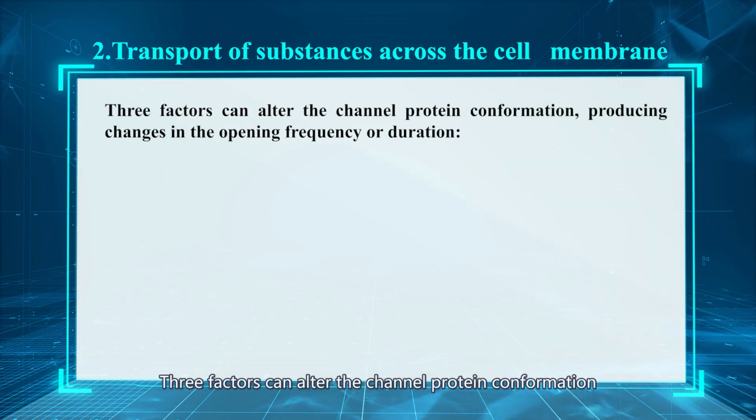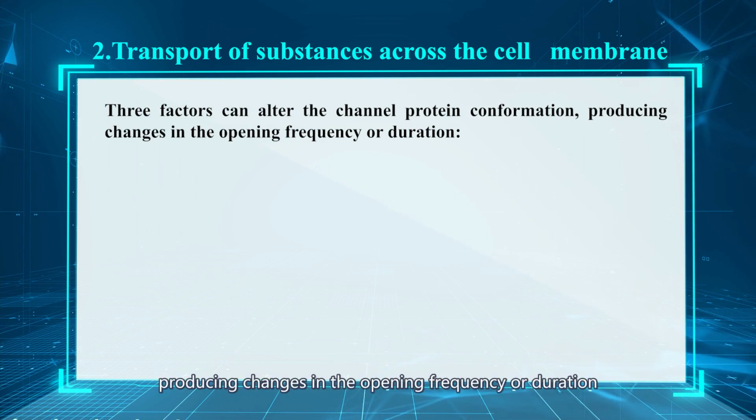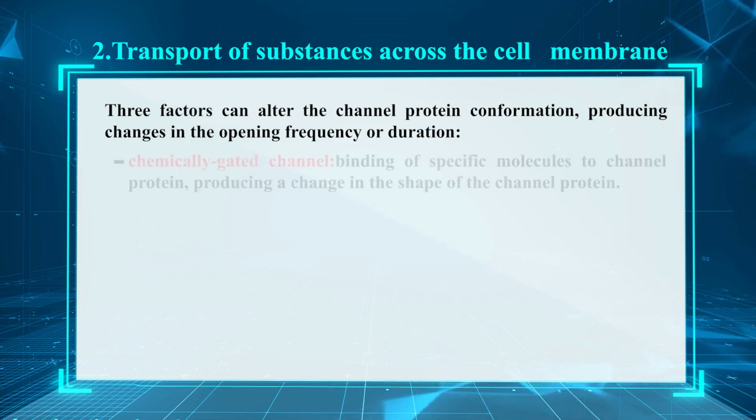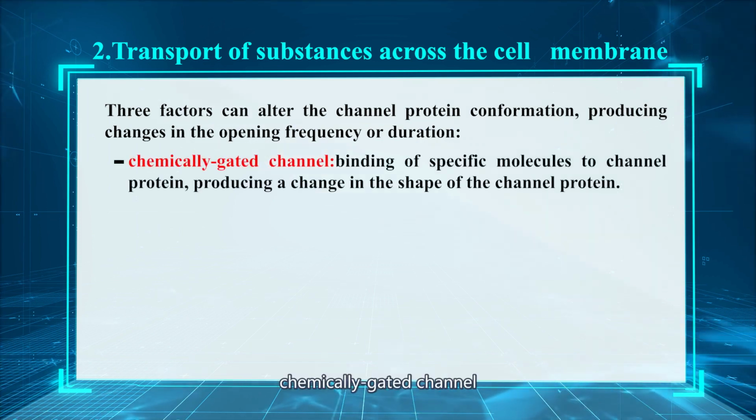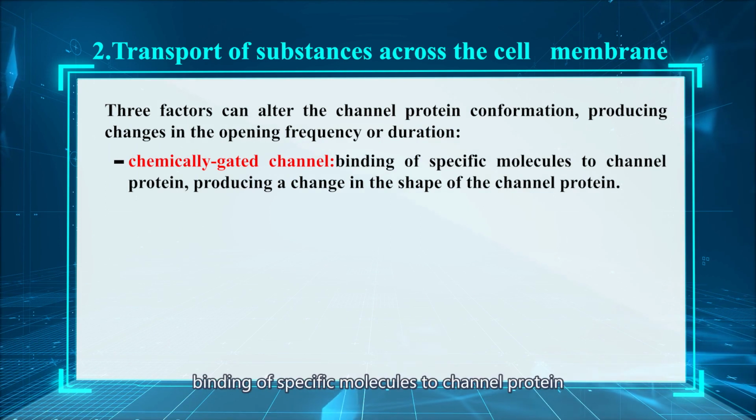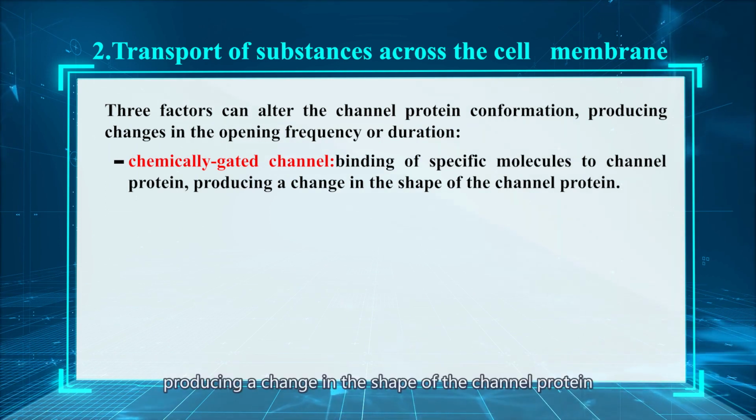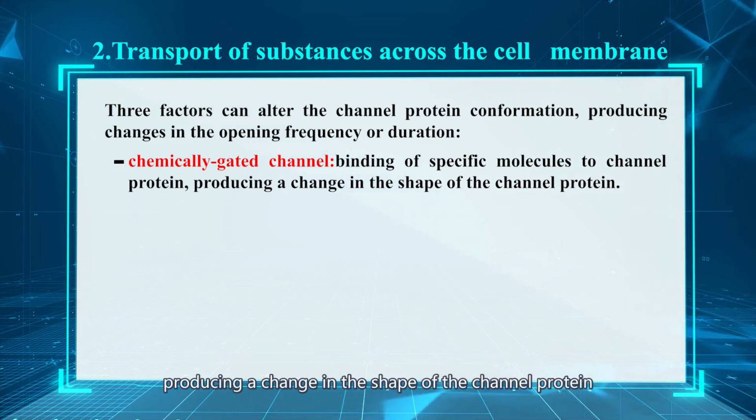Three factors can alter the channel protein conformation, producing changes in the opening frequency or duration. Chemically gated channel: binding of specific molecules to the channel protein produces a change in the shape of the channel protein.